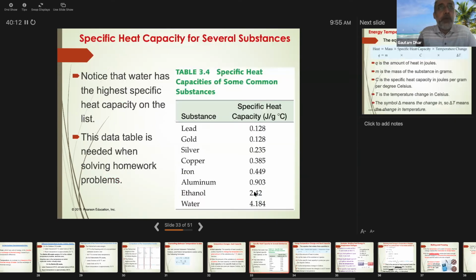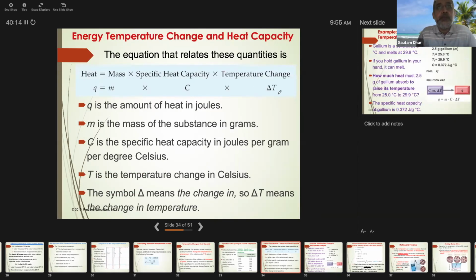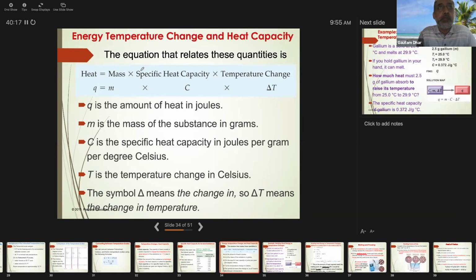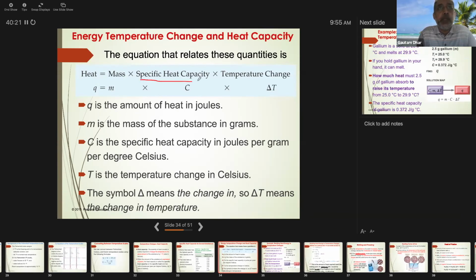So we'll be using this formula here, Q equals m c delta T. C here is the specific heat capacity, with the unit of joules per gram degree centigrade. Delta means difference, and that is always in degree centigrade. And the mass is in grams. So grams and grams cancel out, degree centigrade and degree centigrade cancel out, and you'll have your answer in joules. So if you follow the units, always remember that this is the specific heat capacity.